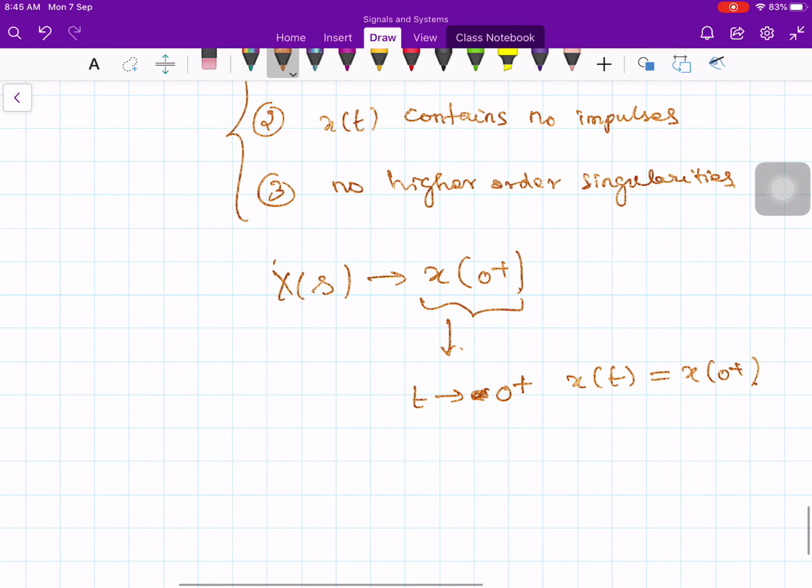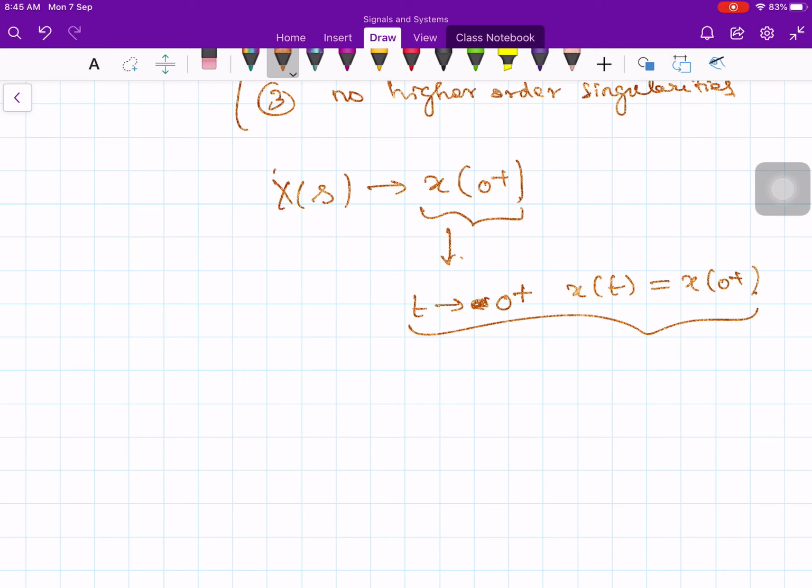So the initial value theorem is stated as x(0+) is equal to the limit as s goes to infinity of s times X(s), and this is the limit as t goes to 0+ of x(t). That's it.